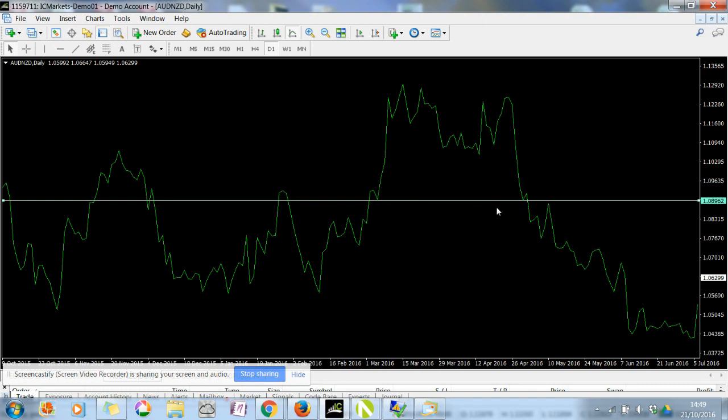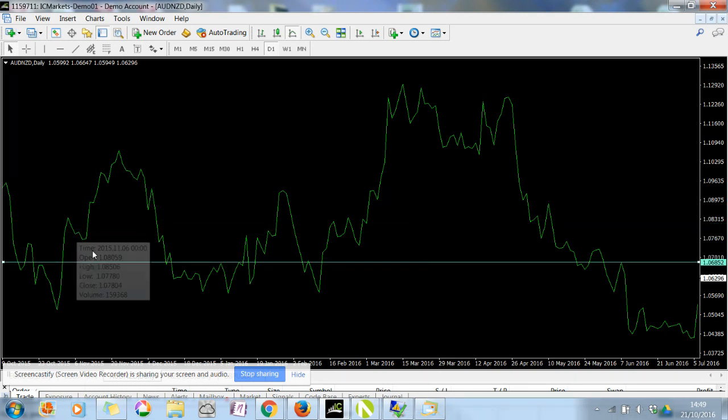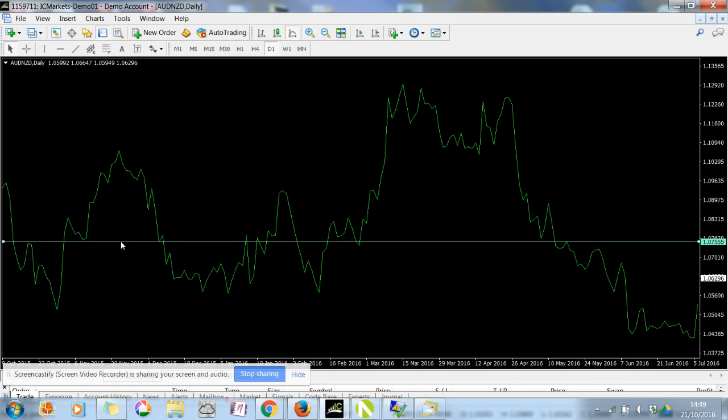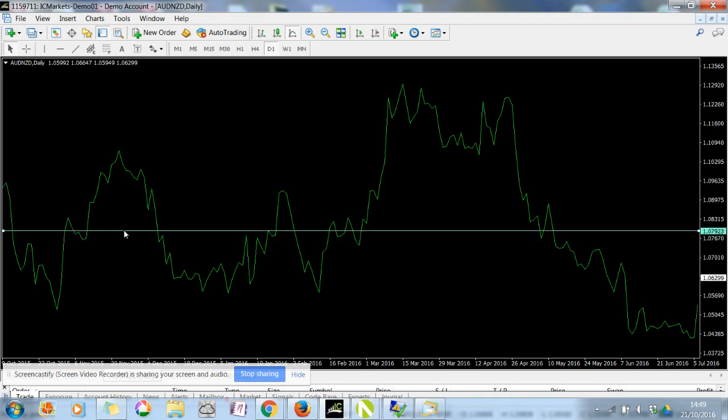Look at that, it comes to here, hits it, but then carries on in its way. There's one just over here. That sort of kink, you put a line on there, it'll be quite a significant line. And sure enough, it's been significant there.